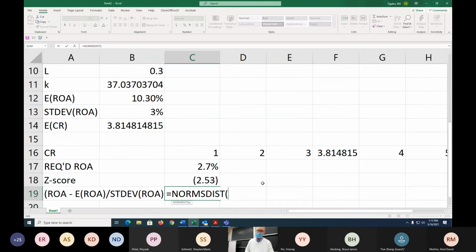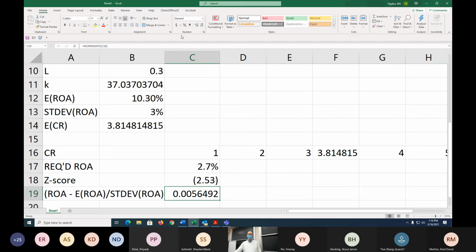The input to that is a z-score, and it will return a percentage, a probability. So where's the z-score? Well, it's right above it, isn't it? So now I'm just going to click on the negative 2.53.